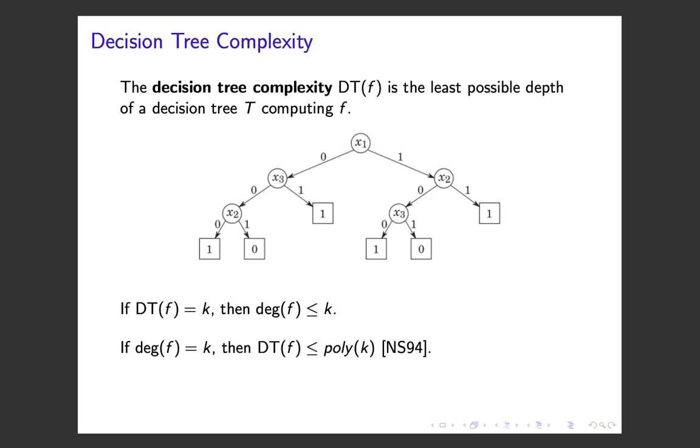If I have a function that has Fourier degree k, then a result of Nisan and Szegedy in '94 tells us that the decision tree complexity of f is polynomial in the Fourier complexity. When we have such a relationship, we say that these two complexity measures are polynomially related.